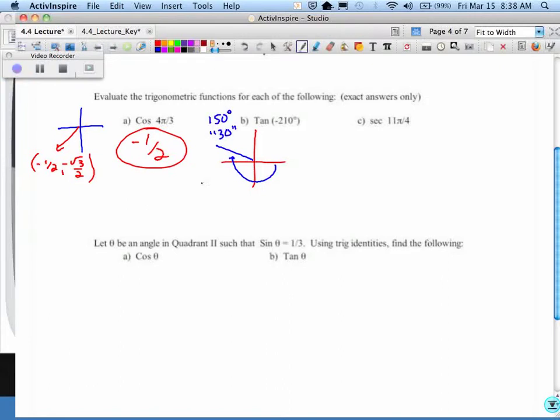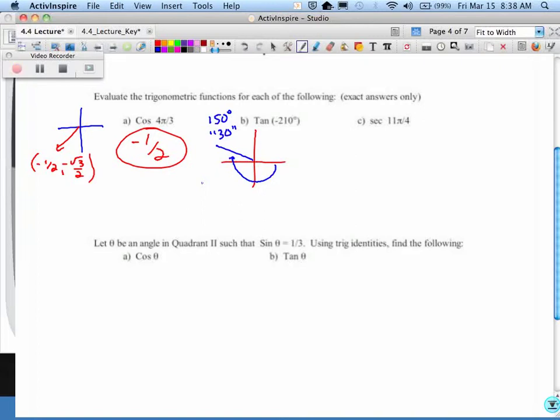Go negative 90, that puts you at the bottom. Go negative 180, that puts you on the left-hand side of your unit circle. And then go an additional 30. So it's going to land coterminal to 150 degrees, right? Quote unquote, it's your 30-degree angle in that second quadrant.